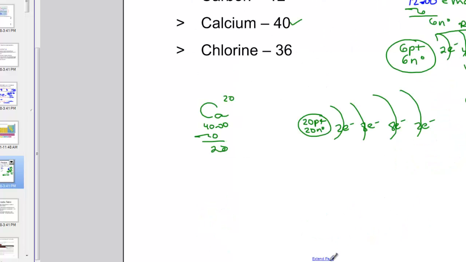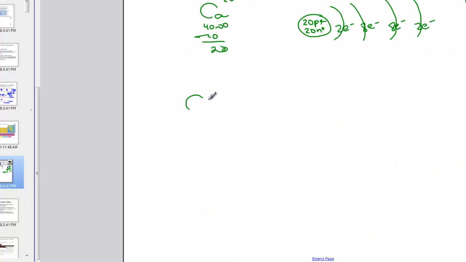Let's give ourselves some room. We said chlorine was number 17, and we were going to draw for the mass number of 36. In the nucleus, such a great artist, 17 positive protons. By definition, the atomic number tells me the number of protons.